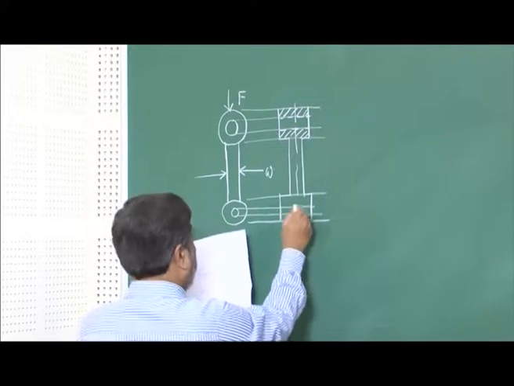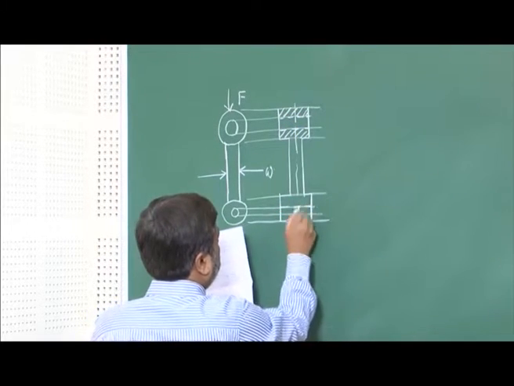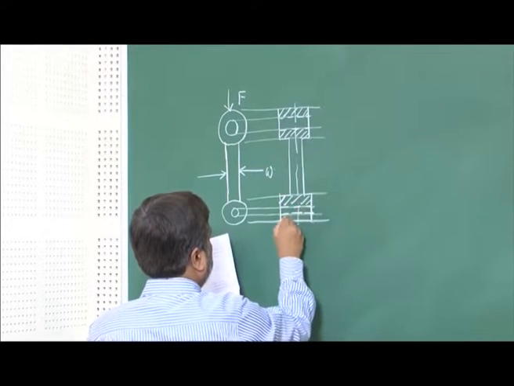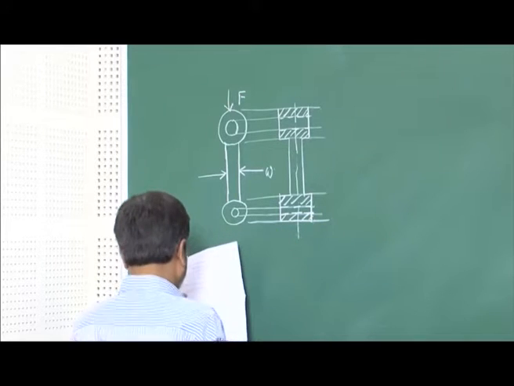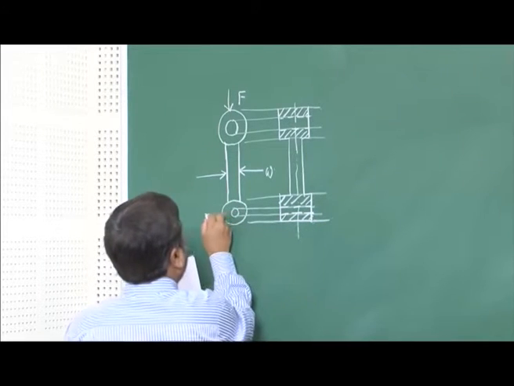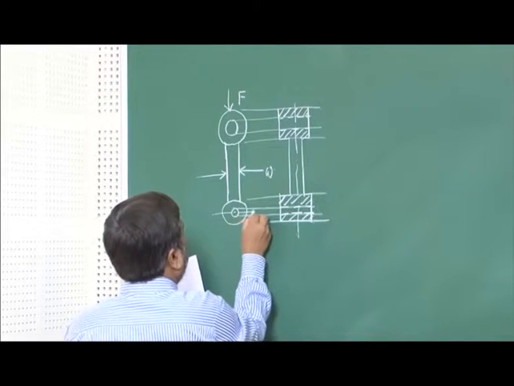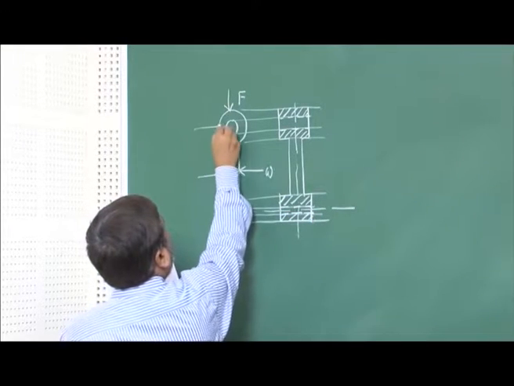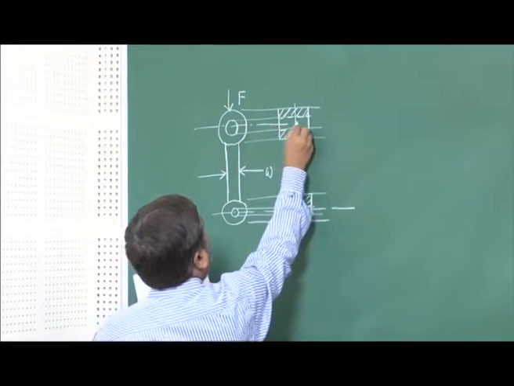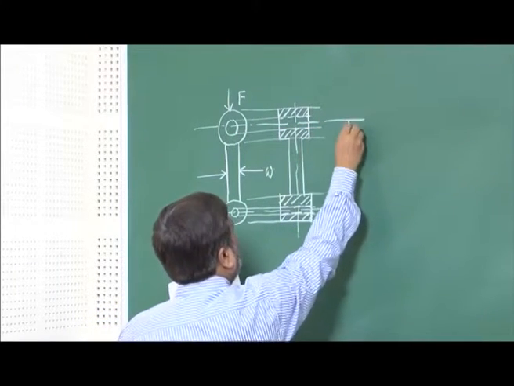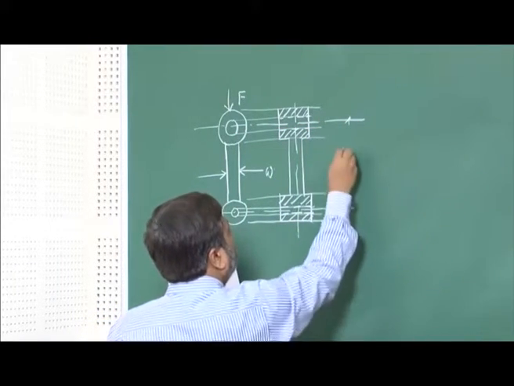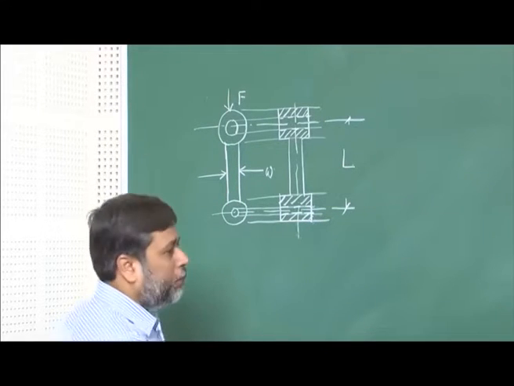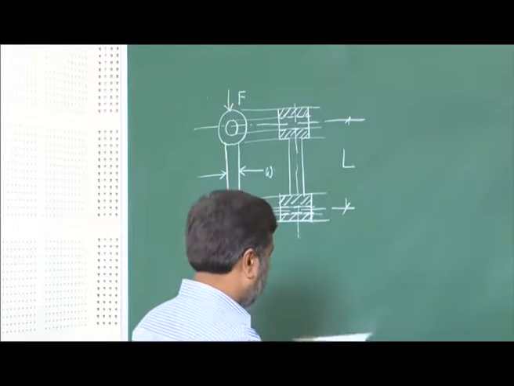That's the solid part of the material. And from this center line to this center line, the distance is L. This is the approximate drawing of our connecting rod.